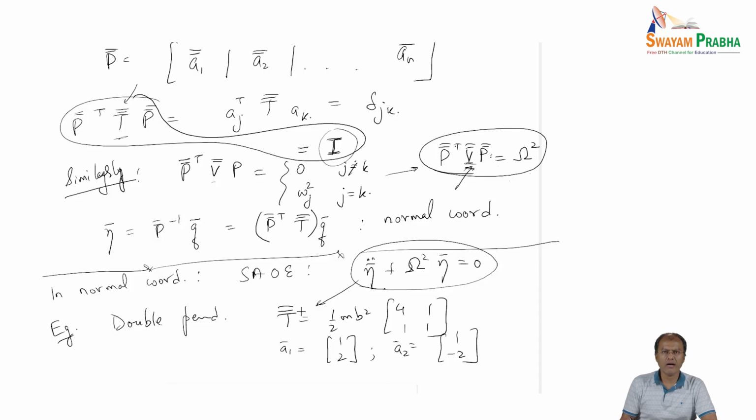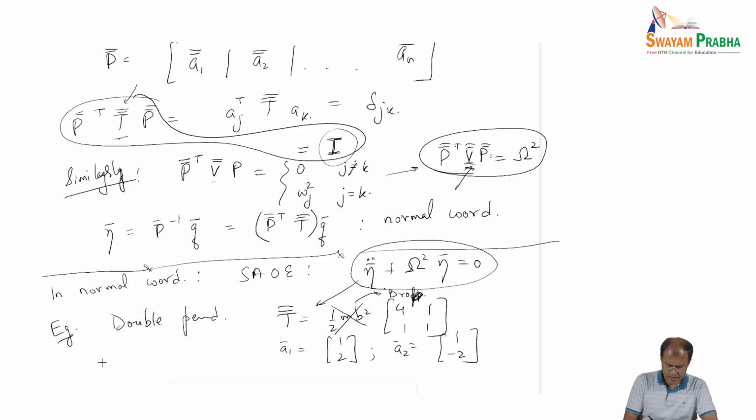This was our kinetic energy matrix, and now let us drop this constant, because it is just a constant. We can eventually divide this constant throughout in our matrix equation. So that is not a problem.